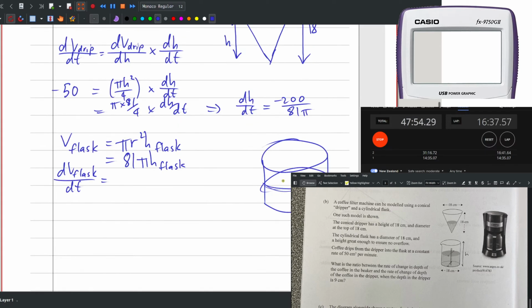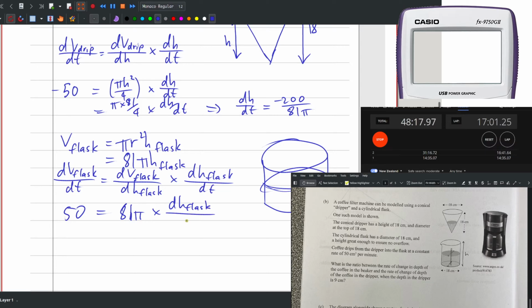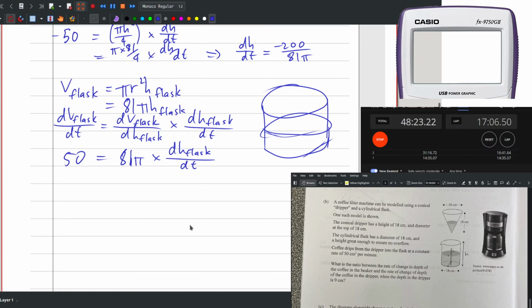This one's positive 50 because it's actually filling up. dV flask over dh flask times dh flask over dt, so 50 equals 81 pi times dh flask on dt. Seems legit. So dh flask on dt is equal to 50 over 81 pi.